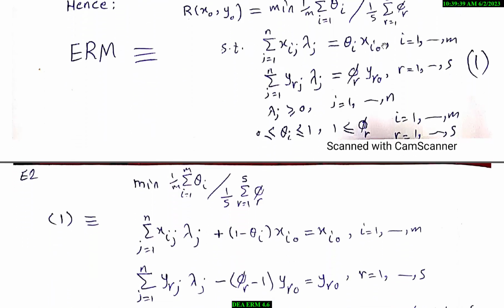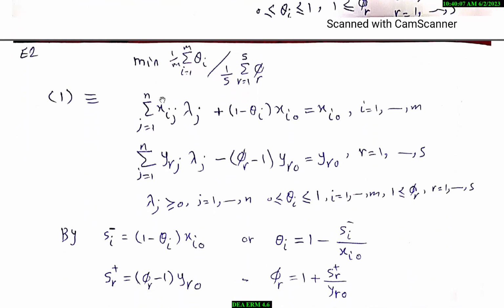Now, by adding xio to both sides of the first set of the constraints and yro to both sides of the second set of constraints, it is seen that this model can indeed be written as this one, and these are equivalent, these are the same indeed.